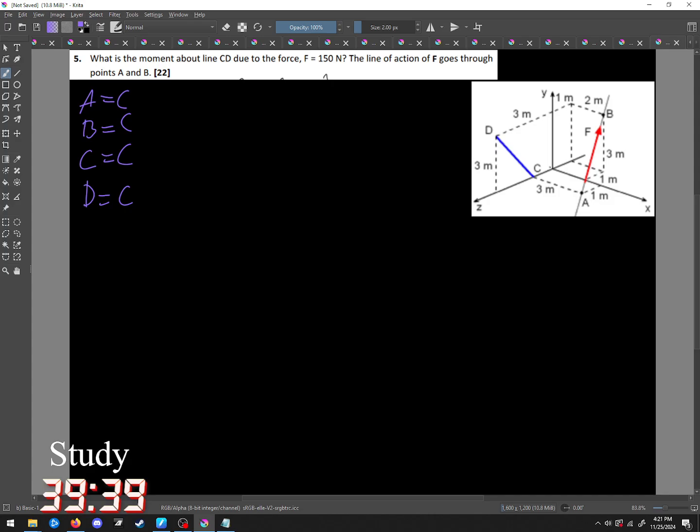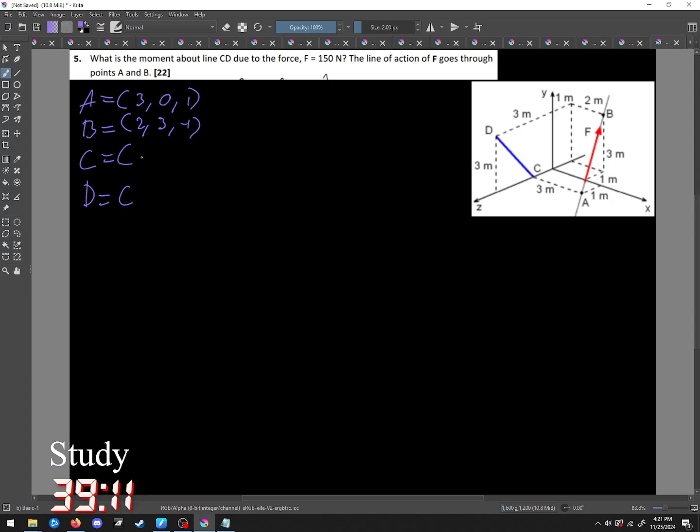This is the origin. At least X, Y, and Z are fine. So we're gonna have 3, 0, 1. B is gonna be 2, 3, -1.